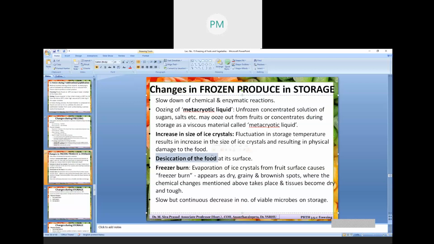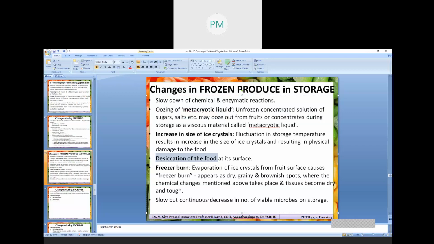When this ice starts evaporating, it will not only lead to freezer burn, but also to desiccation of the food. It will cause brown spots or loss of moisture from the food as a result of sublimation. You may get freezer burns or black spots in the storage.